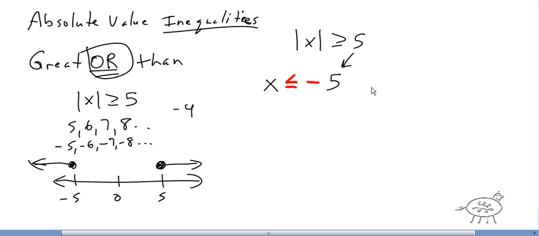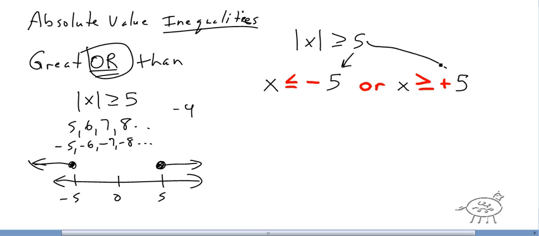And or, so again, anything in red is always going to be the case. Or x is going to be greater than or equal to positive of that number, 5.